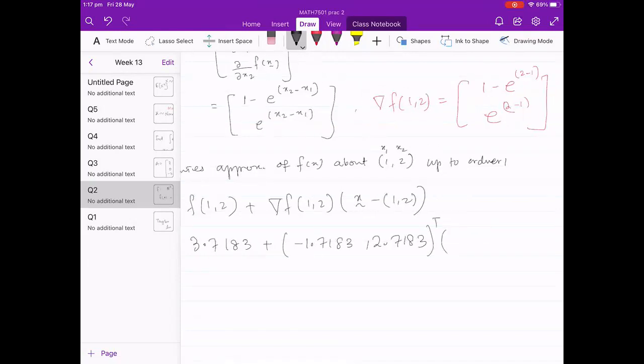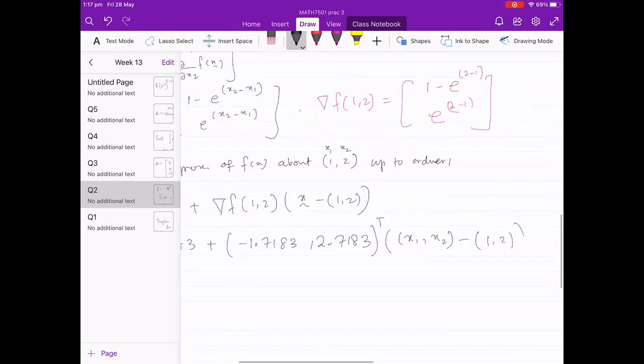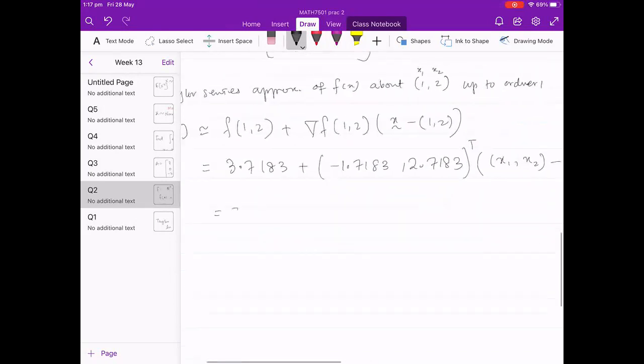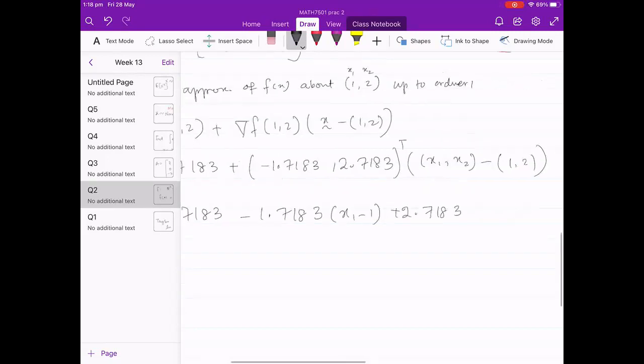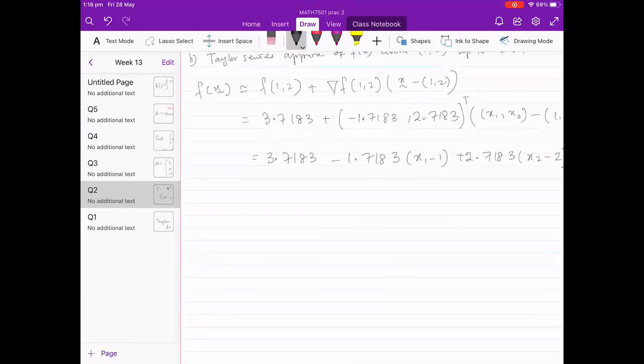Suppose this is x1, x2 minus 2, equal to 3.7183 plus or minus 1.7183. You got x1 minus 1 plus 2.7183 times x2 minus 2. Right. So that's the Taylor series approximation to the first order.